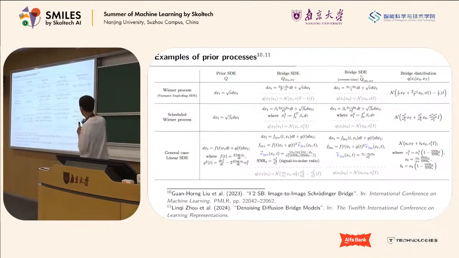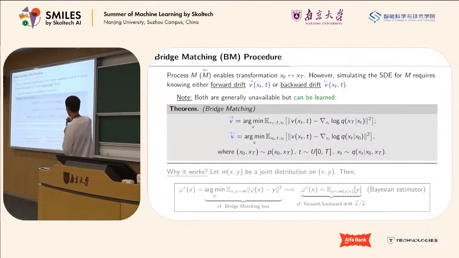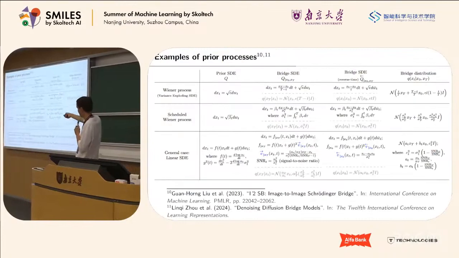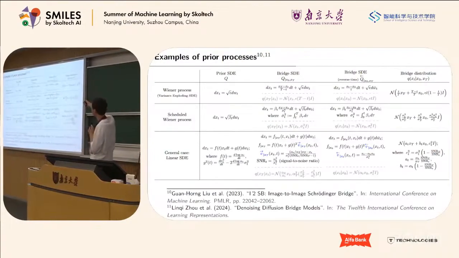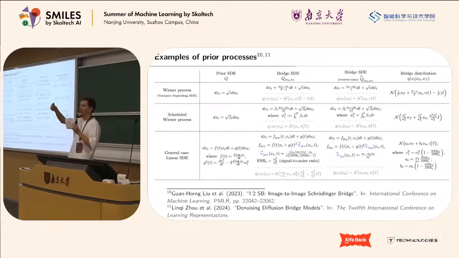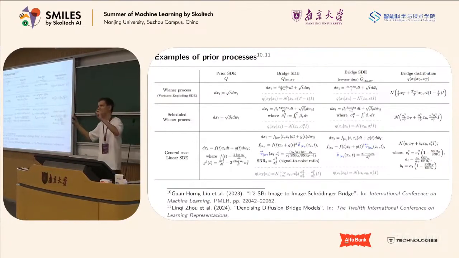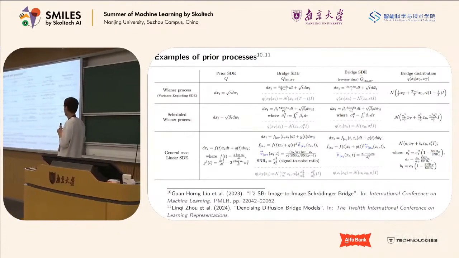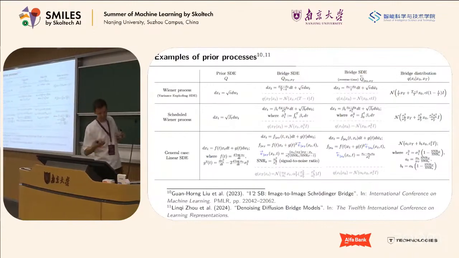Specifically, if we go to this formula, here we need to sample intermediate point xt given initial point x0 and end point xT. How to sample it? Fortunately, this is easy for most of the standard processes used here, because the distribution of an intermediate time point in a bridge process given the endpoints is a normal distribution with some known parameters. Sampling from normal distributions can be done easily nowadays without any problems.